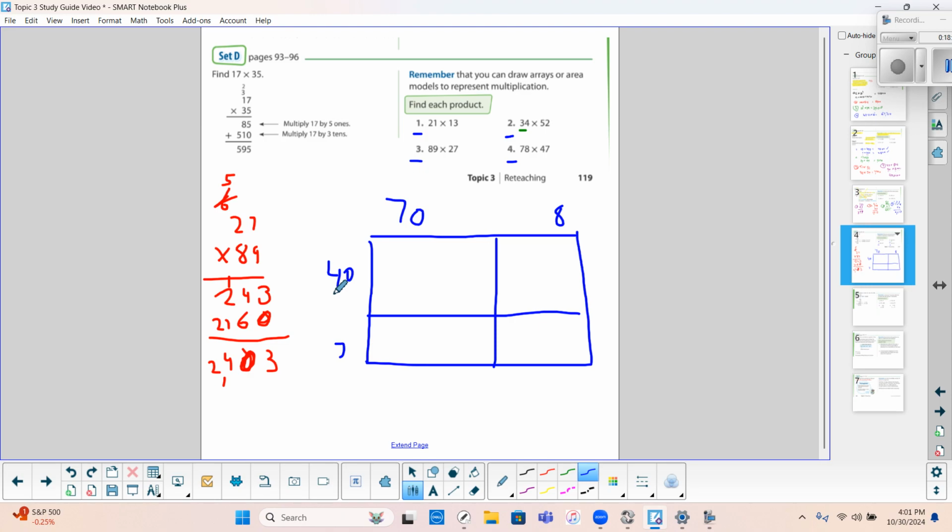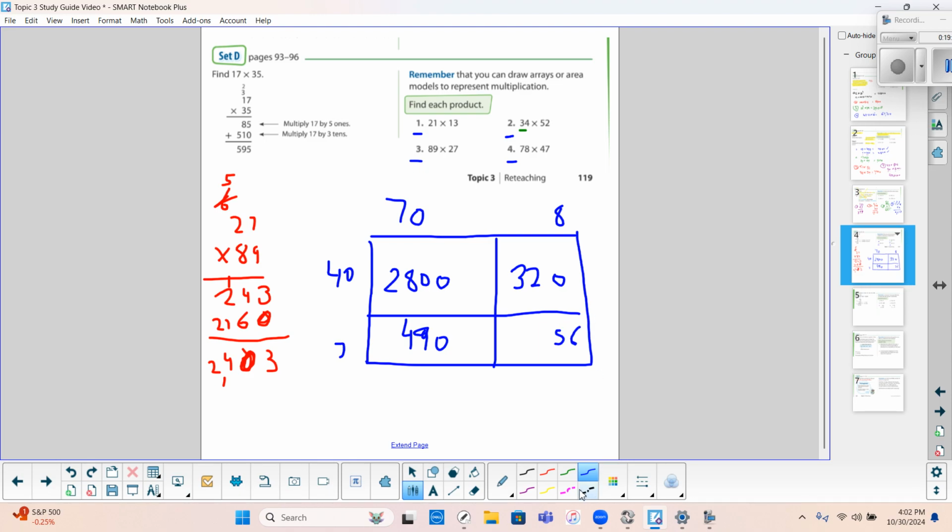All right. 40 times 70, well, 4 times 7 is 28 with 2 zeros behind it. 40 times 8, 4 times 8 is 32 with 1 zero behind it, so 40 times 8 is 320. 7 times 70, well, 7 times 7 is 49, but there's 1 zero at the end, so 490. And then 7 times 8 is 56.